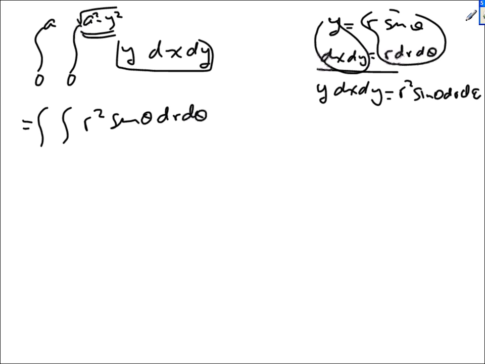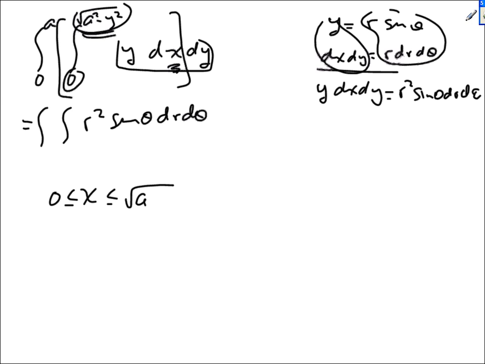Okay, so now when I look here, I see x. These are x limits. X fluctuates between 0 and the square root of a squared minus y squared. In particular, x is greater than 0.